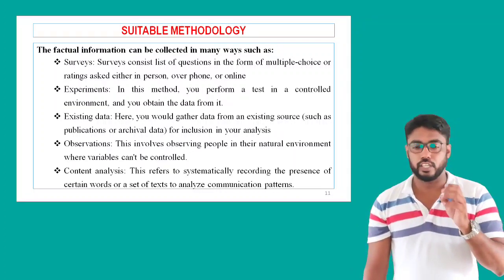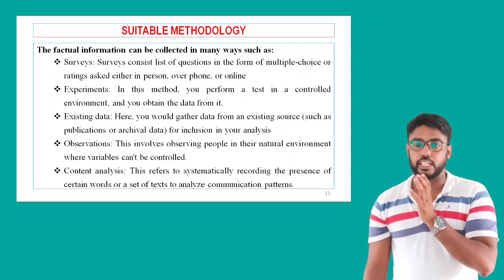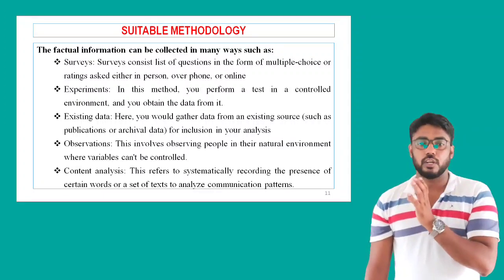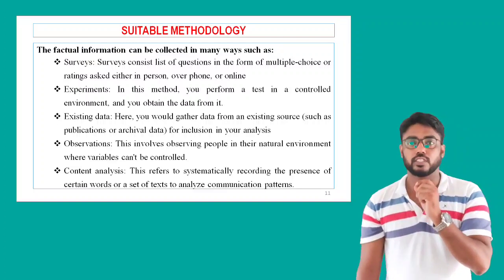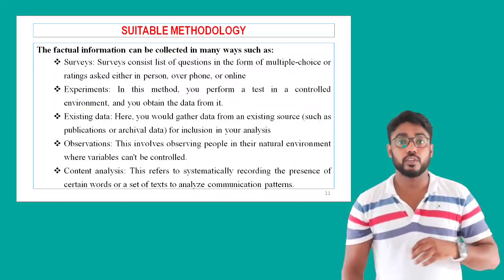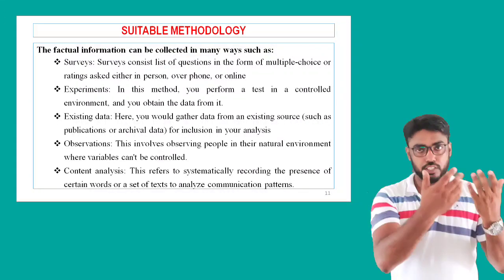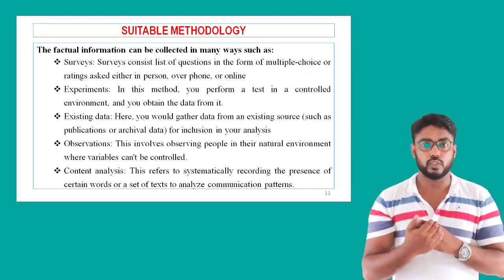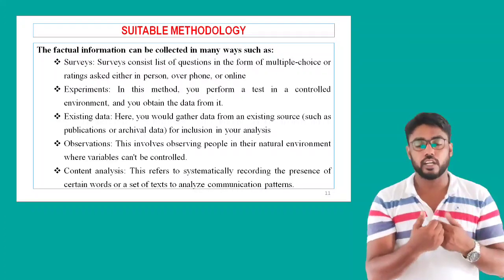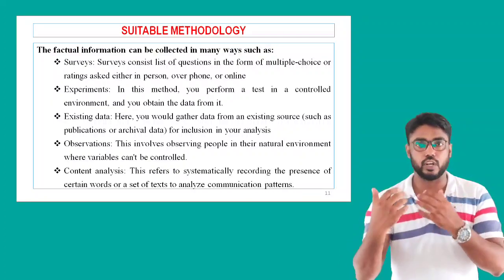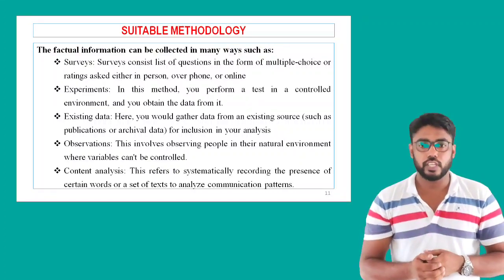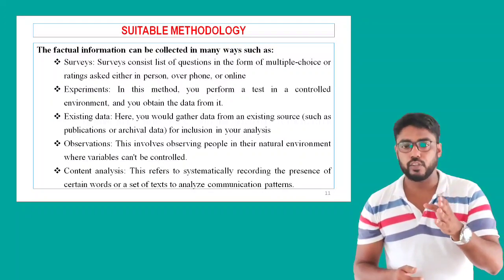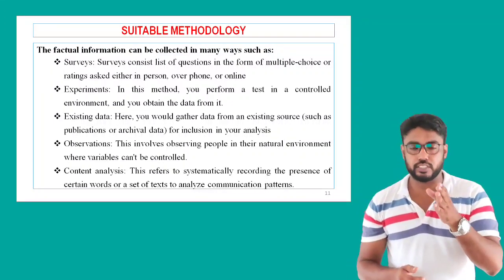Here you gather data from an existing source, such as a publication, for inclusion in your analysis. Sometimes in quantitative research you have to compare your research with others, so you have to get existing or already defined data from the literature.